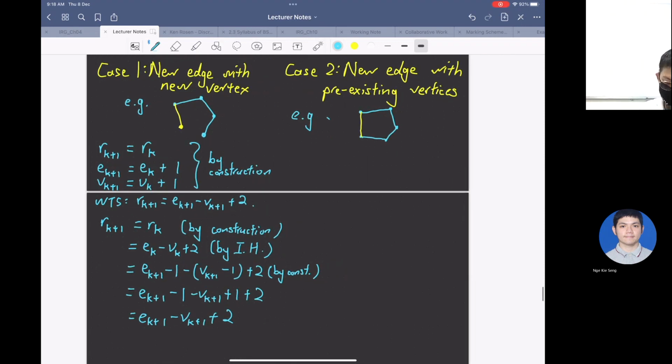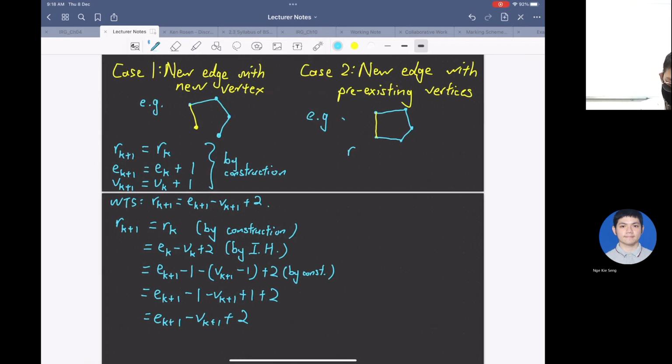How about case 2? What's the number of regions change after adding an edge? Add 1. Okay, you can see that this line adds a boundary to the region, so you split it into 2. So it becomes RK plus 1. Number of edges also plus 1, because we add a new edge. But does the number of vertices change or not? No, right, because we didn't add a new vertex. Okay, good.